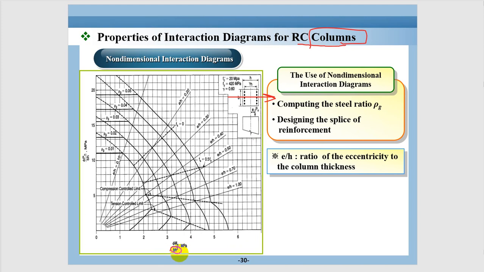This is B, the column width, and this is H, where we have moment this way. So the x-axis divides the design moment by BH square, whereas on the y-axis we normalize the axial force by BH, which means that we divide the axial capacity by BH. Both axes have no dimensions, just decimal numbers and integer numbers. So we use these PM diagrams in designing columns, and we'll take a look at how we can use this PM diagram to design a column.